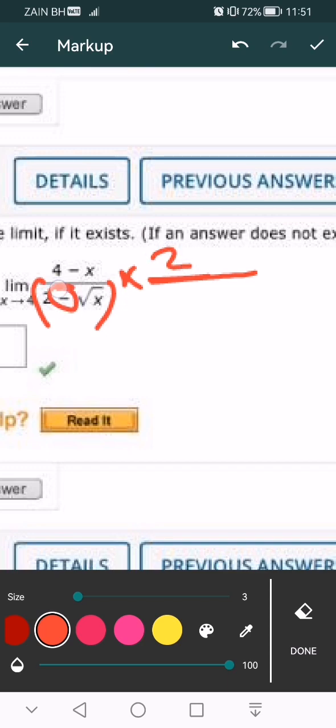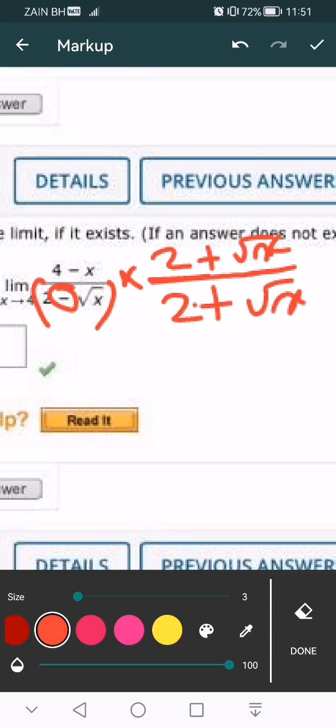So I will change the sign and then replace this one. Again here I will do the same in the denominator also, because I will change the shape without affecting anything.